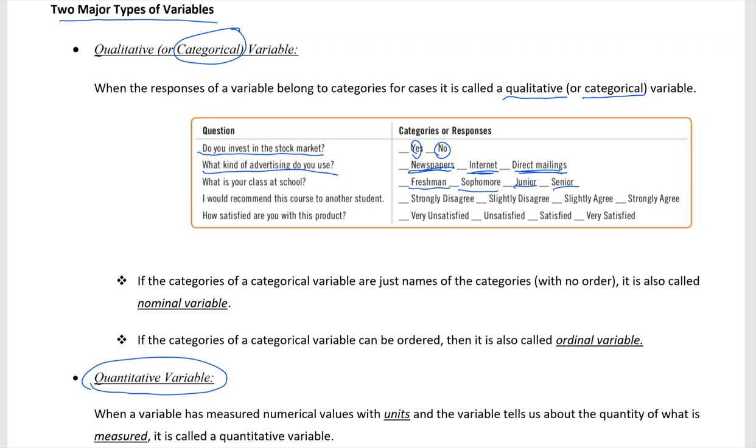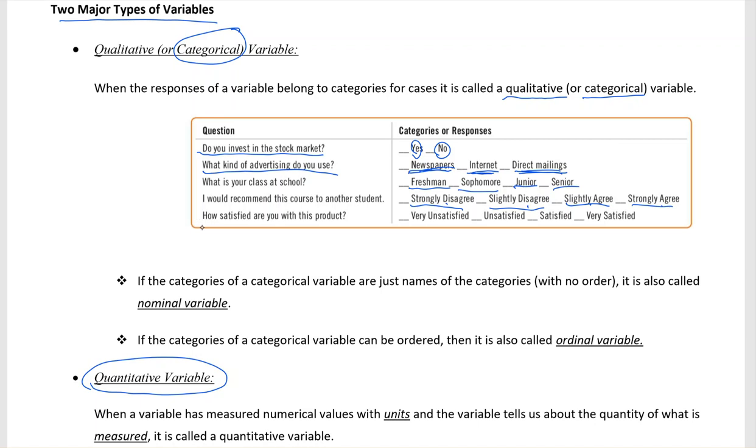Right? Next example, I would recommend this course to another student, right? Then you will have either strongly disagree, slightly disagree, slightly agree, strongly agree. Right? You have four options to choose. Your response will belong to one of these four categories.